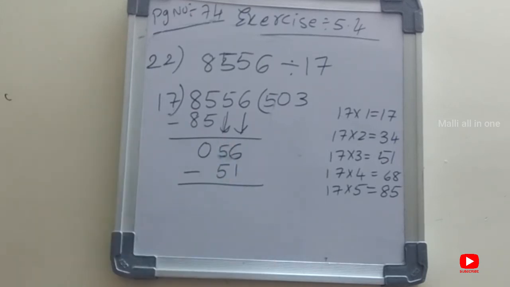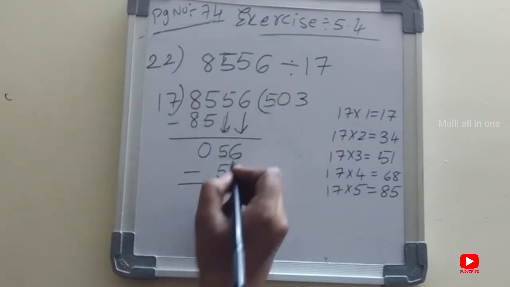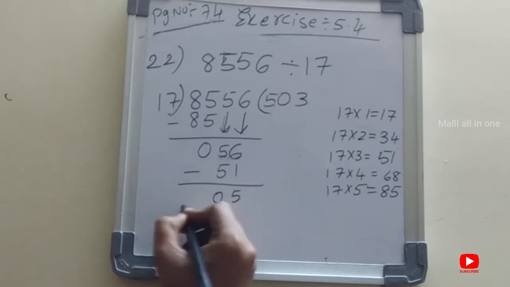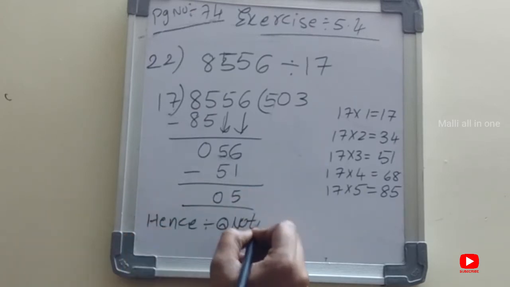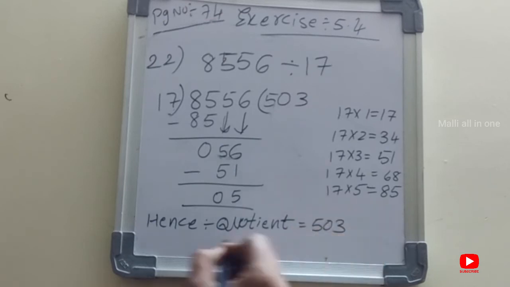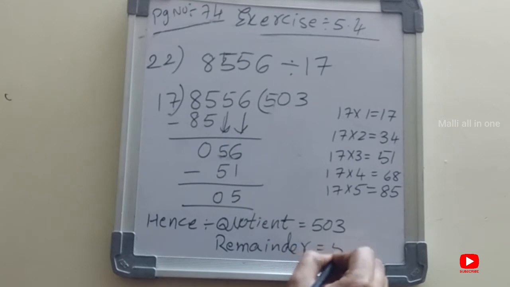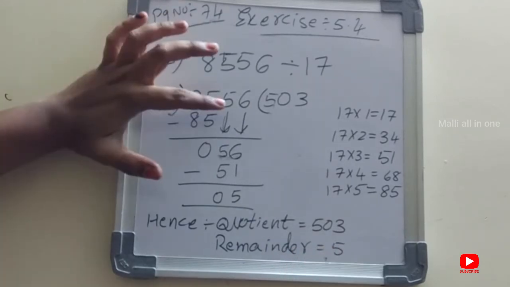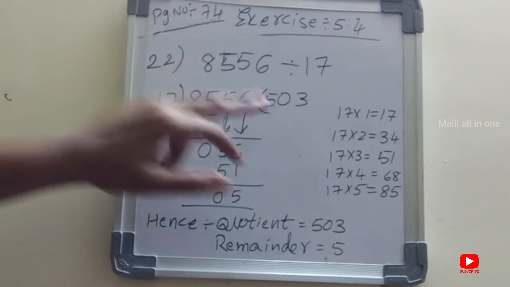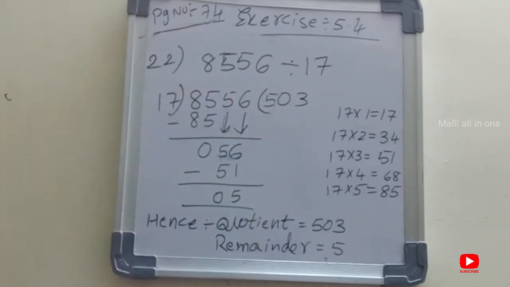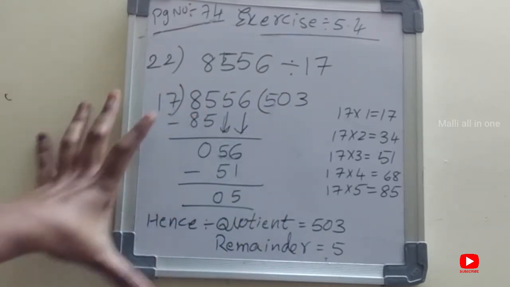So 51 is smaller. 17 threes are 51. 6 minus 1 is 5. 5 minus 5 is 0. Hence quotient equals 503. Remainder equals 5. Understand children? When you have to take 2 digits at a time, you should maintain 0 in the quotient. Okay, then it will be the correct process of division.